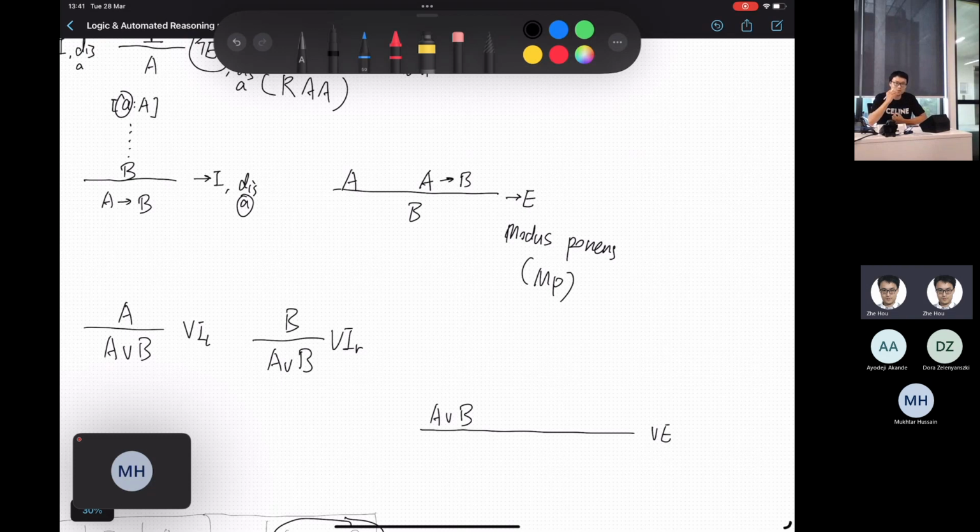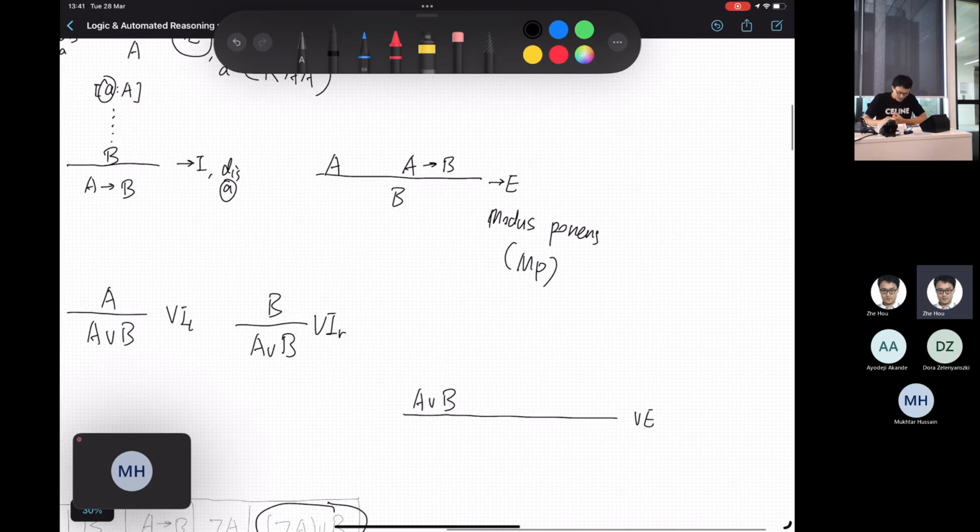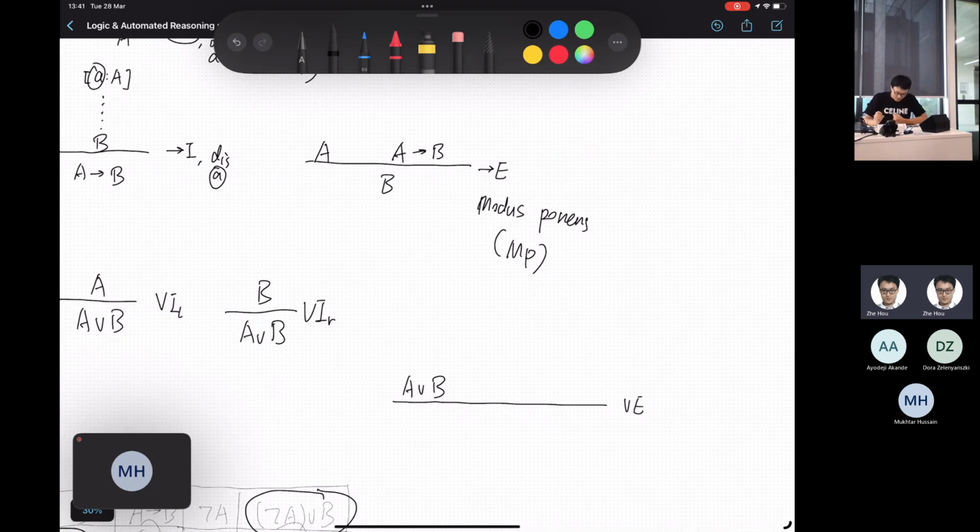It's actually quite tricky to think about what you can derive from A or B. But the idea is, let's say you assume that A is true, let's call it assumption A1. If you assume that A is true, you can derive something, let's call it C, another formula. Assuming that A is true, you can derive C. Okay.